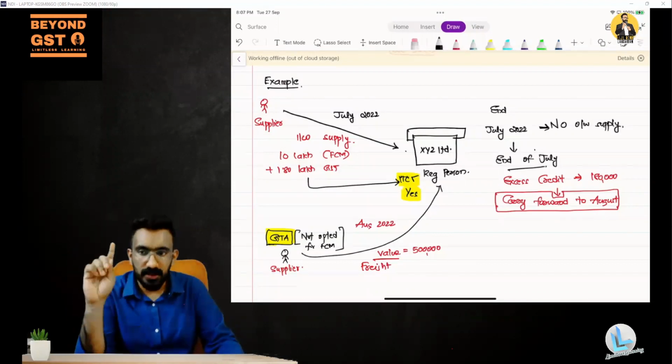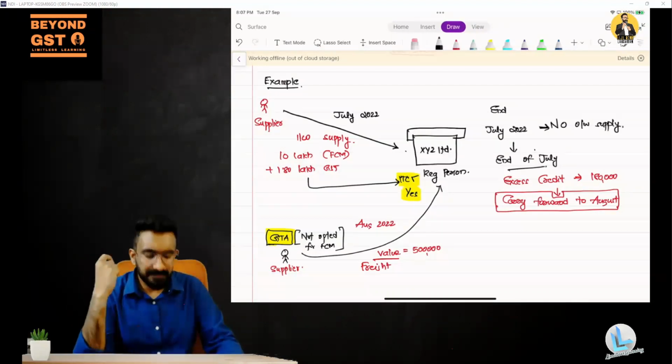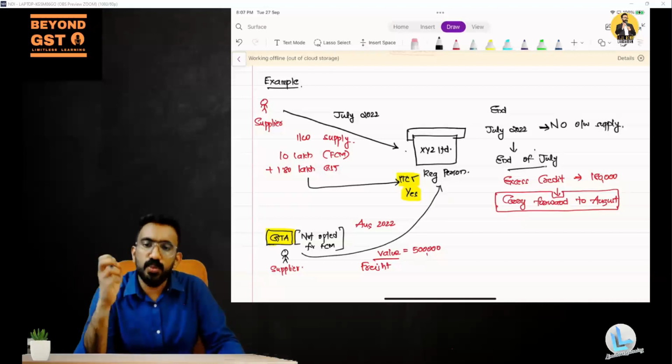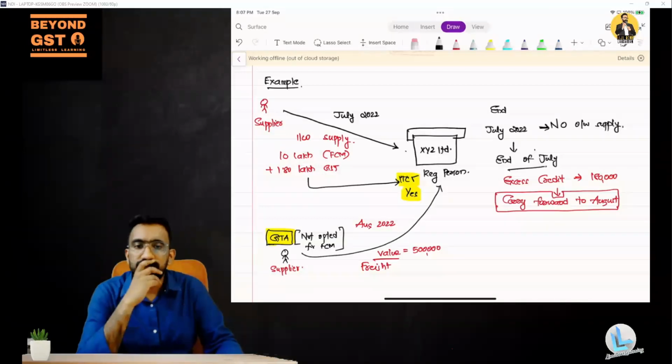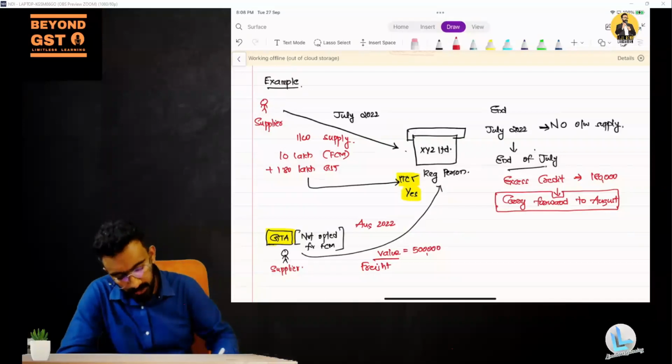Good, some of you are answering. Very good. Now let me ask you one more question. Since it is taxable, what charge will be applicable on this? Will it be taxed under forward charge or reverse charge? It will be taxed under reverse charge. Why? Because XYZ Limited is a body corporate.